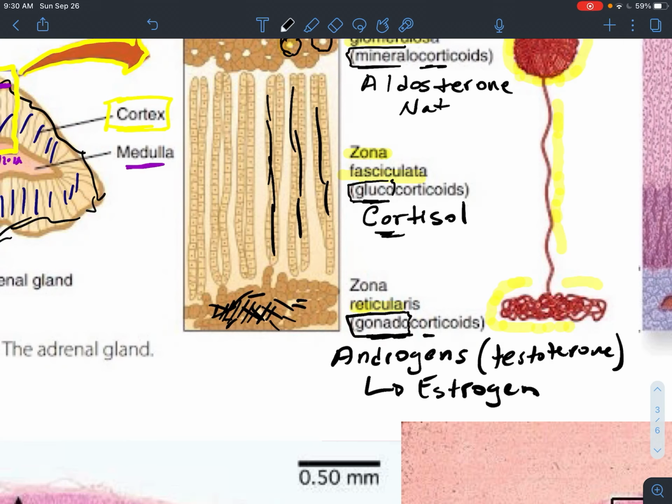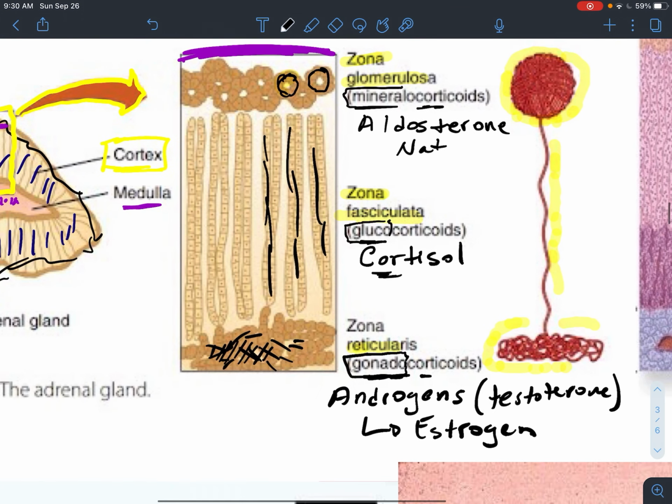So notice that whether it is something that looks like testosterone or something that looks like estrogen, both of those hormones would go and affect gonads and sexual characteristics.